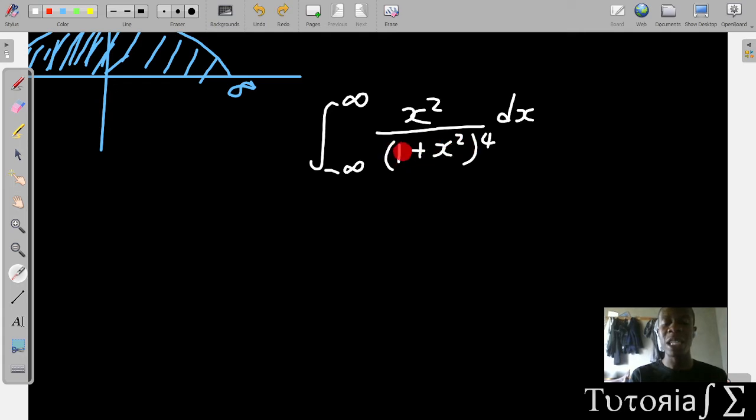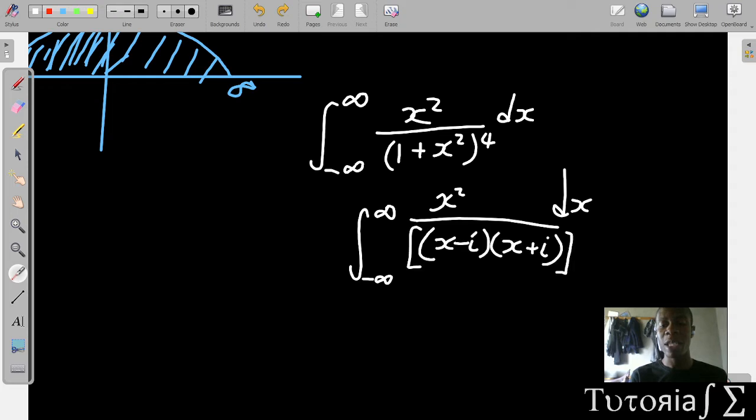Simply equate this to zero and solve for x, and what you get will be the products. As I did here, I solved for x and got 2 points: x equals i and x equals negative i. Then I took them to the other side of the equal sign, which gives x plus i and x minus i. When you multiply, this will give you this.